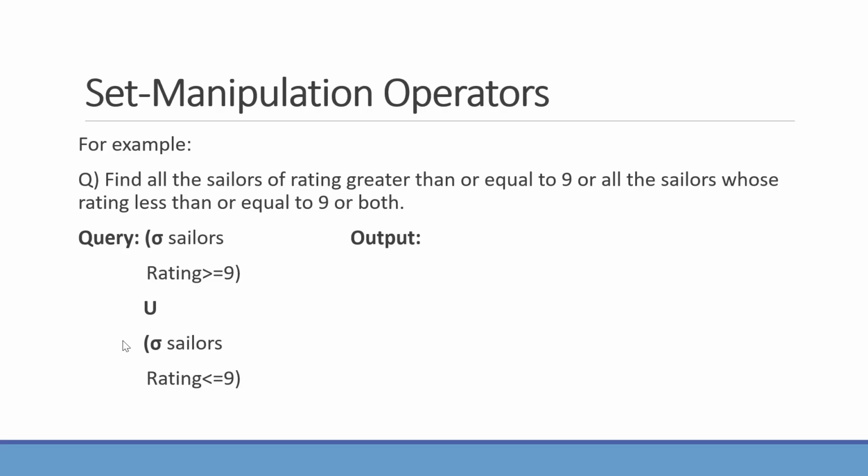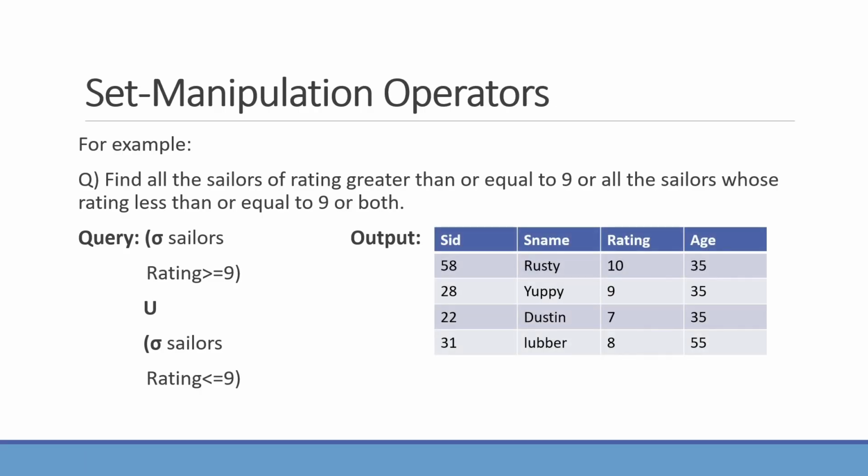Earlier there was a mistake here; it's less than. So the second condition is that the rating is less than or equal to 9. The second condition is also specified in the query. As they are asking about both, you use a union operator, and the output we get is a table with SID, SName, rating and age.